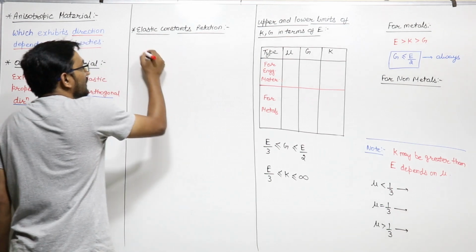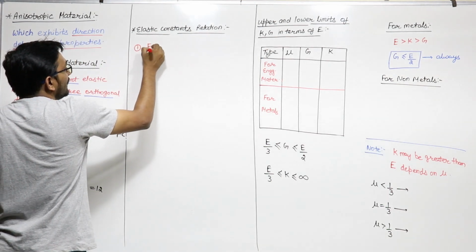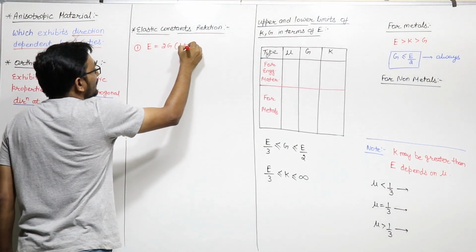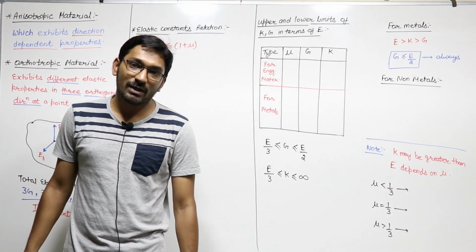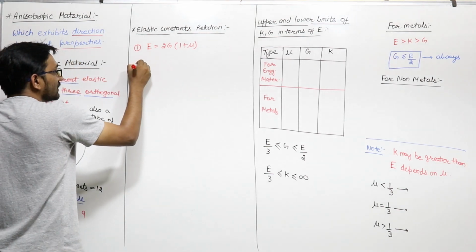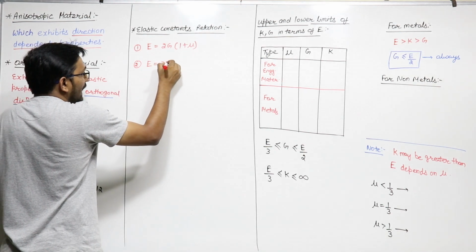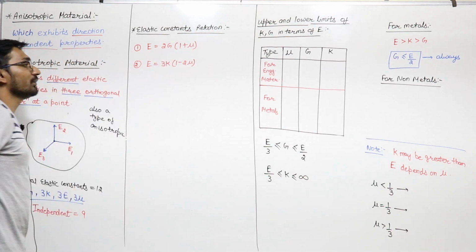The first relation, between E, G and mu, is E is equal to 2G into 1 plus mu. The relationship between E, K and mu is E is equal to 3K into 1 minus 2 mu, right?